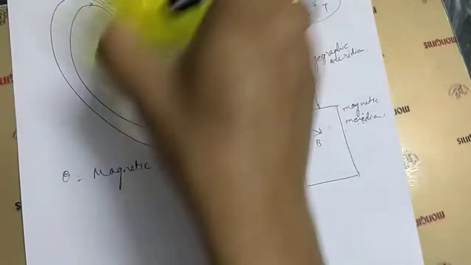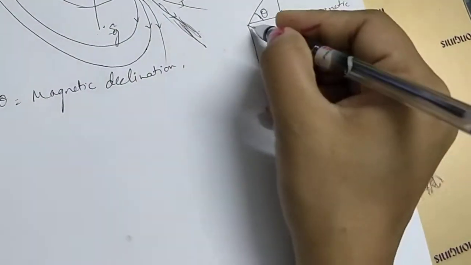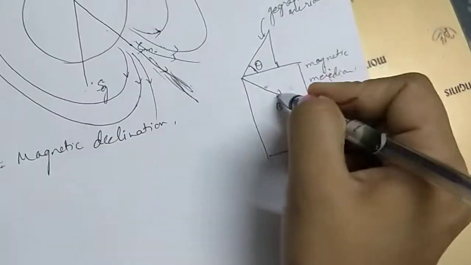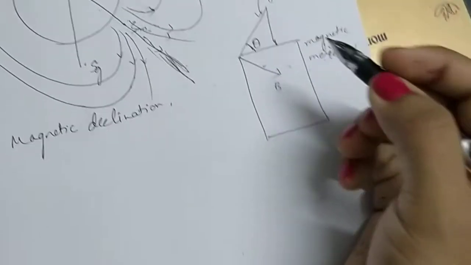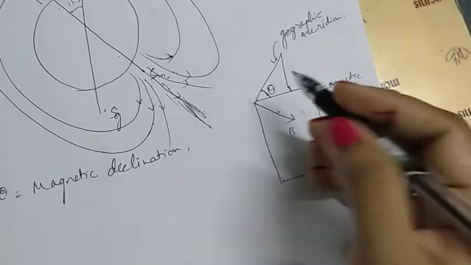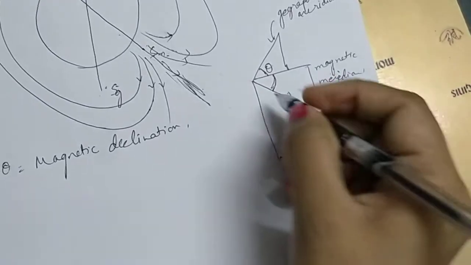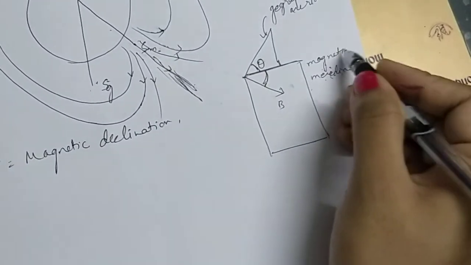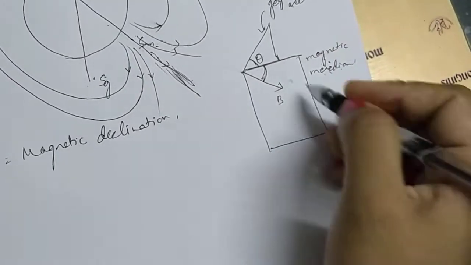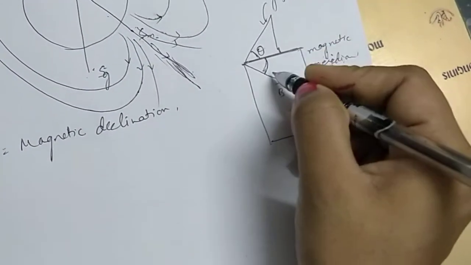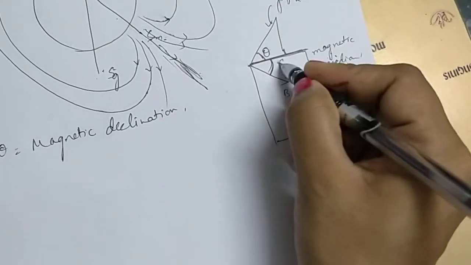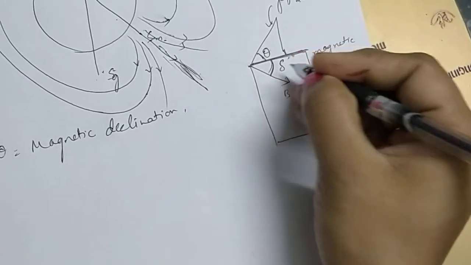So you see, your magnetic field will always be in magnetic meridian, but at some angle. It may not be horizontal. So this angle which Earth's magnetic field makes with the horizontal line in magnetic meridian is called angle of inclination or dip angle.